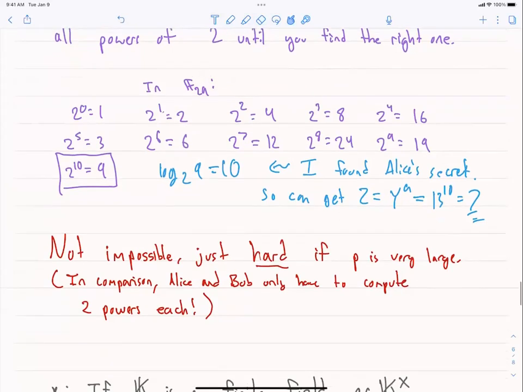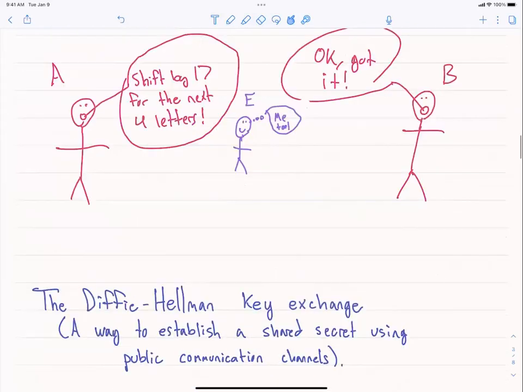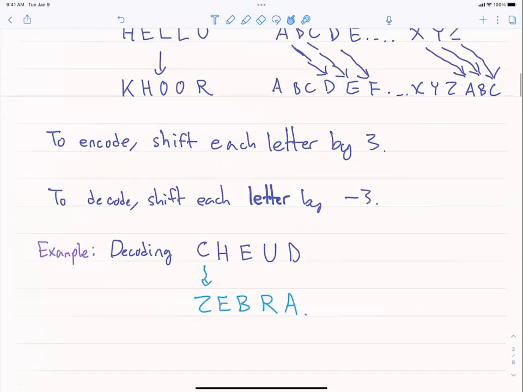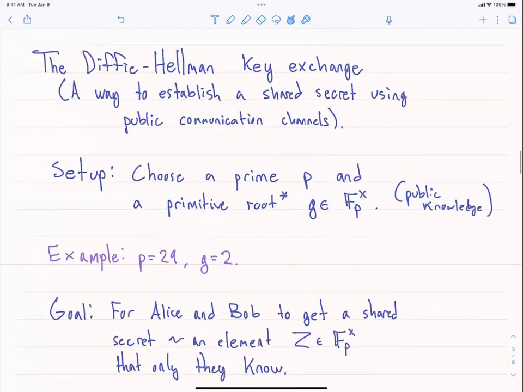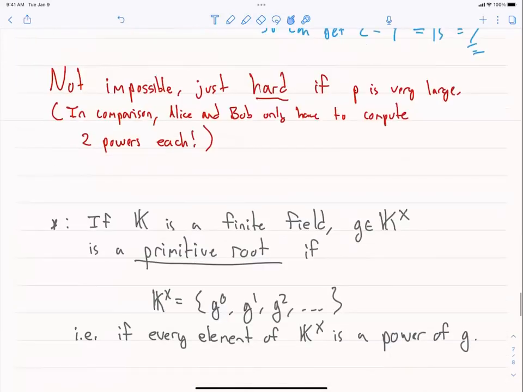And so that's basically where I want to stop, except I should come back to this asterisk from the very beginning about our data, which said that when I chose this number G, this should be a primitive root mod p, so in F_p cross. So what does that mean? Well, it's because of this thing I just said.